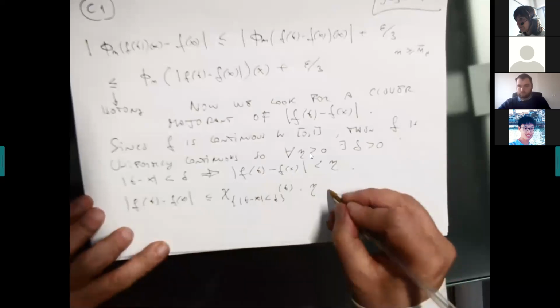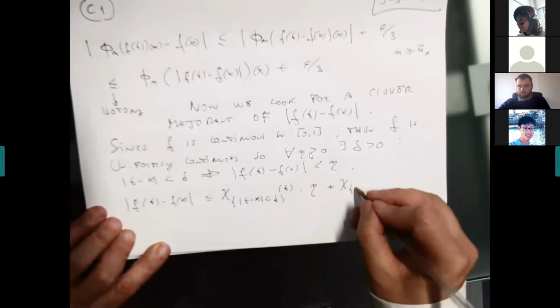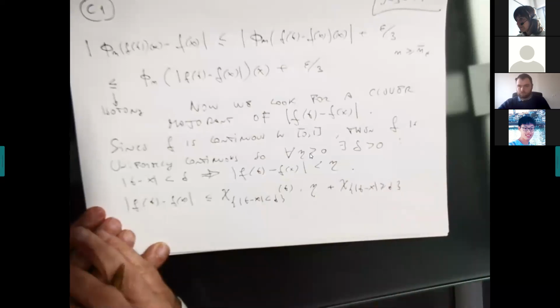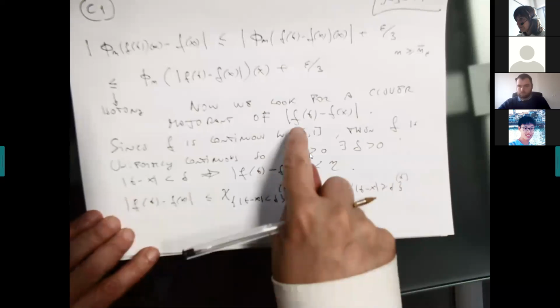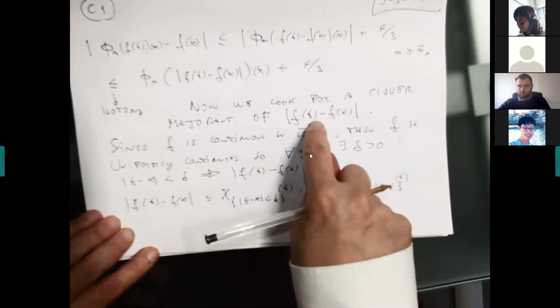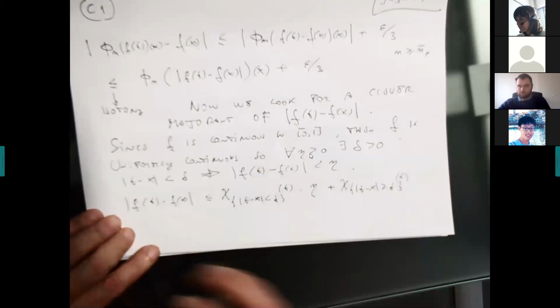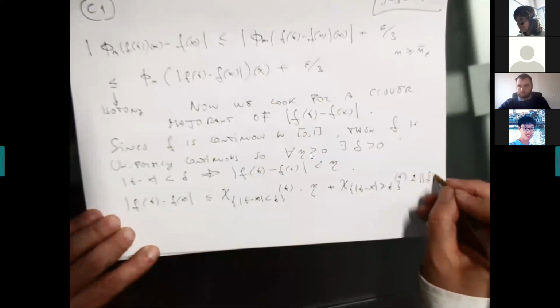But when this is not, then I do not have a clever way, but I can tell |f of t| plus |f of x| using the triangle inequality. So I should put 2 times the infinity norm of f.